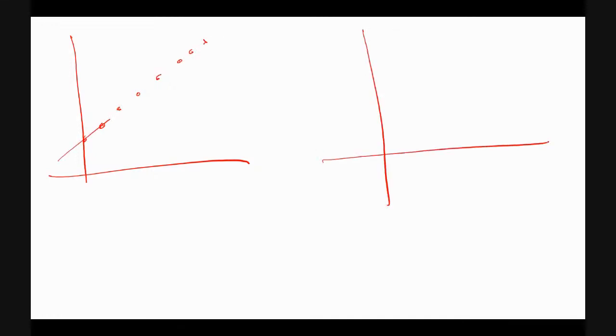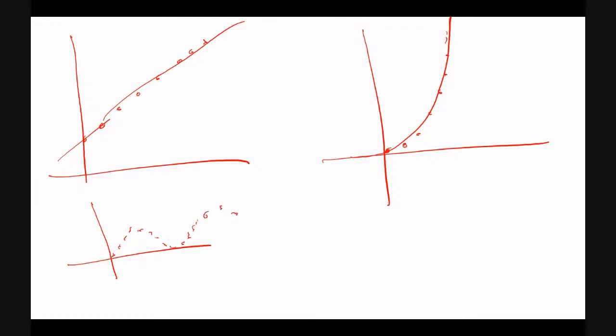Let's say I draw one more thing. I draw point X and Y like this. So the line is this. Or let's say I draw another one, which is a sine curve.